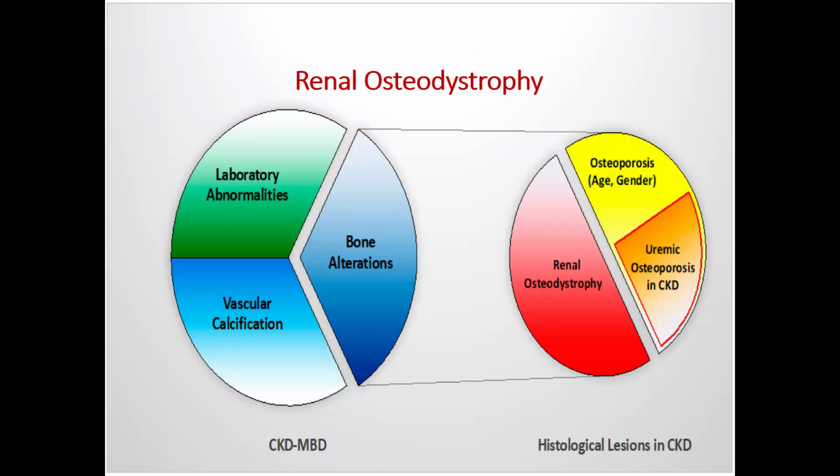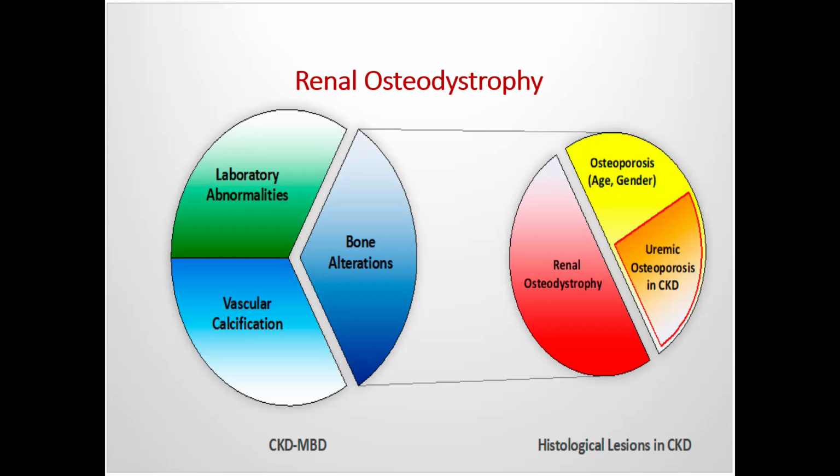So renal osteodystrophy is basically a syndrome that starts with the inability of the kidney to produce vitamin D 25-hydroxide, or activate the vitamin D in your body. And this starts a cascade of metabolic complications. I'm not going to go into detail about these syndromes.